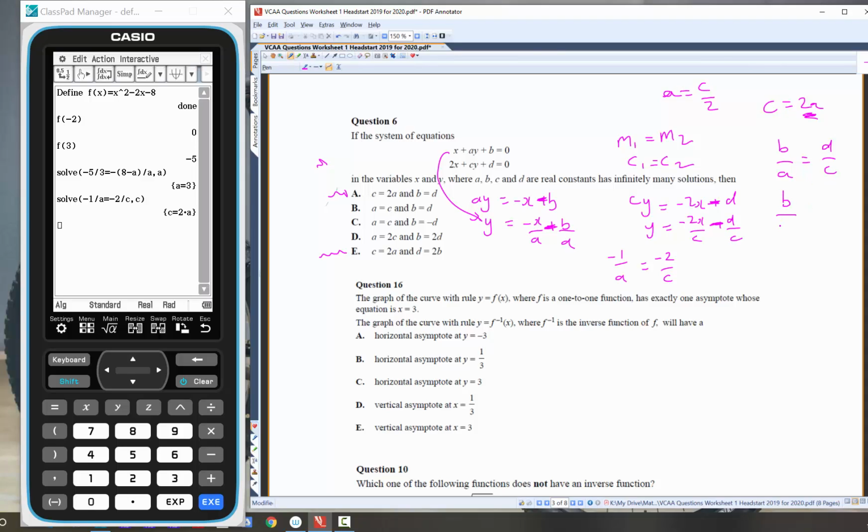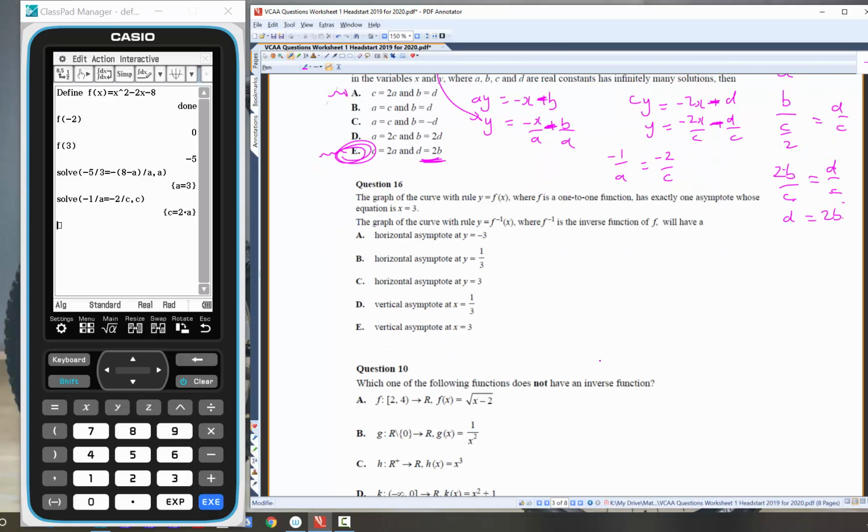I'm going to do B over C over 2 equals D on C. All right, so this is going to be the same as 2B over C equals D on C. So because they're the same on both sides, these are the same. So D is equal to 2B. There it is there. Answer is E.